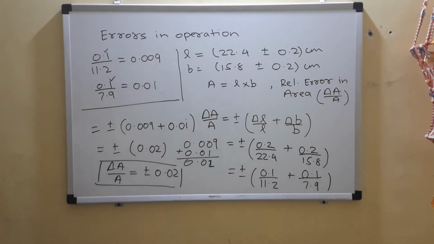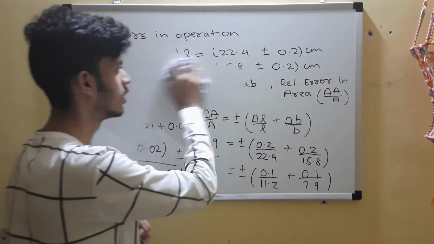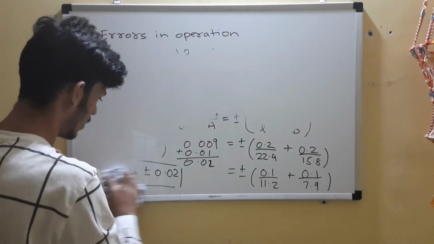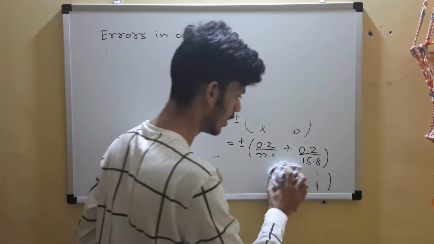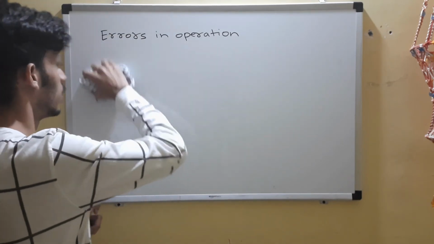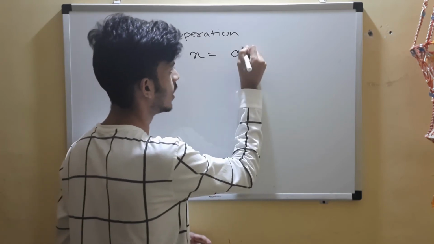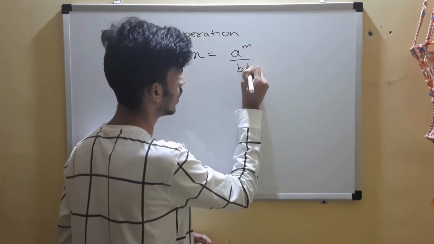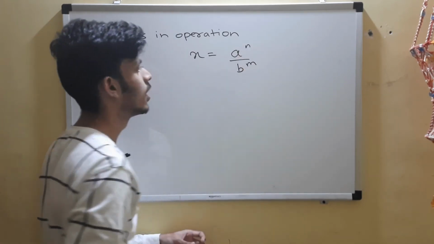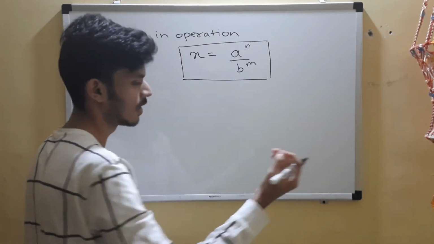Now let us discuss one more type of error in operation. Addition done, subtraction done, multiplication done, division done. One more operation. It's like multiplication and division only, but okay, I'll show you the example. X is equal to a physical quantity, a raised to m divided by b raised to n, or whatever letters we use. It's the same as division, but it has a bit of a difference.